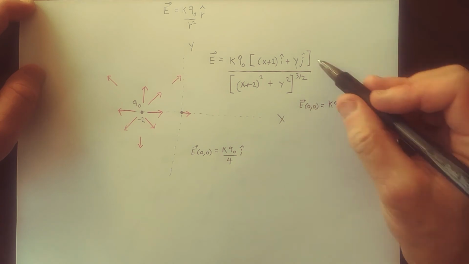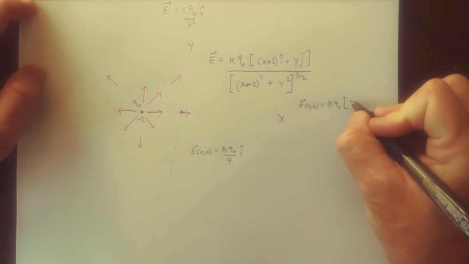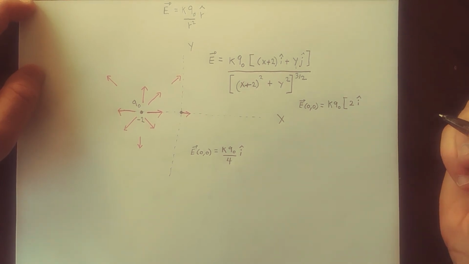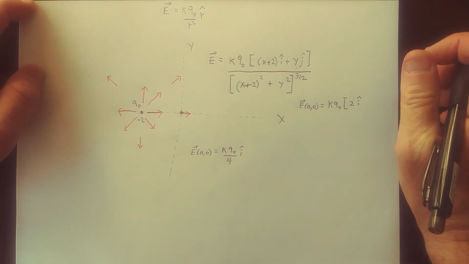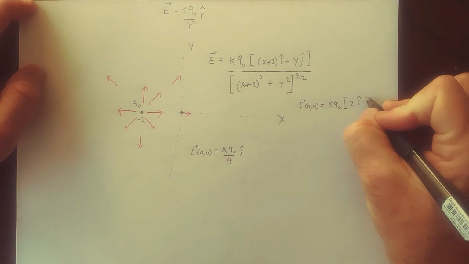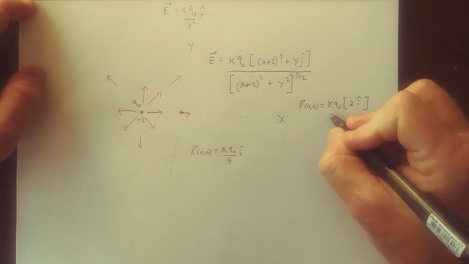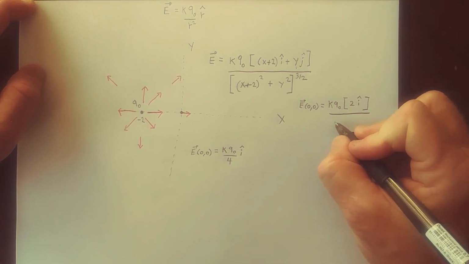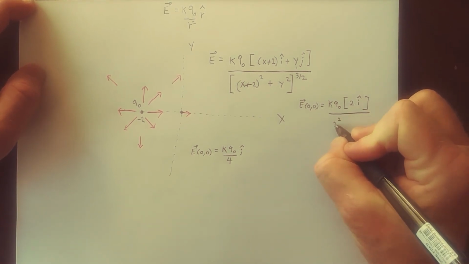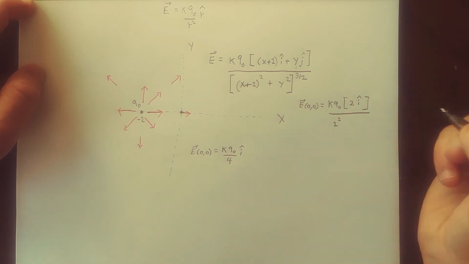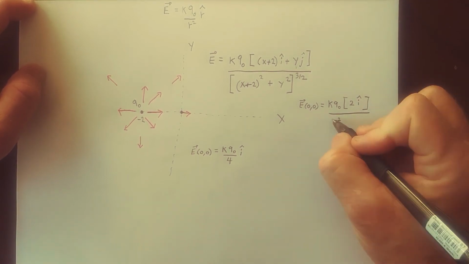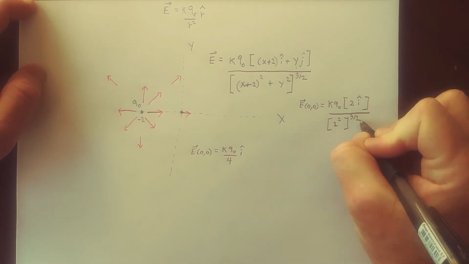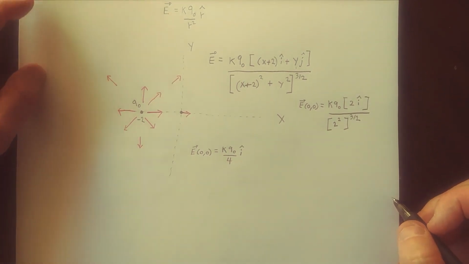Now x is 0, so we have 0 plus 2, which is just 2 i hat, plus y is equal to 0, so 0 times j hat is just 0, so there's nothing else there, divided by 0 plus 2, which is 2, squared, plus 0 squared gives us 0, and so we have nothing else in there except the 3 halves remaining on the outside.